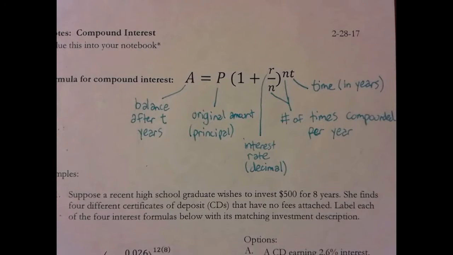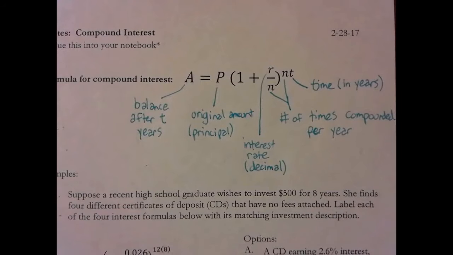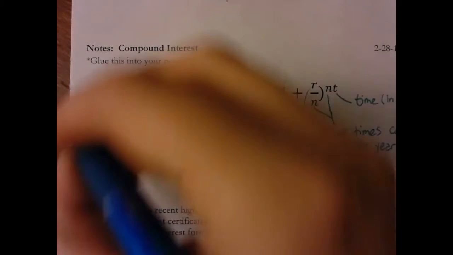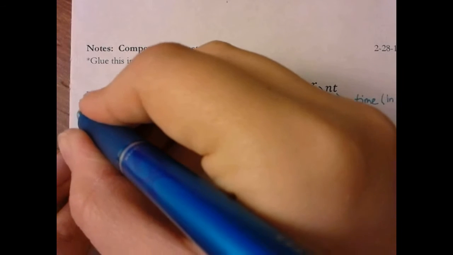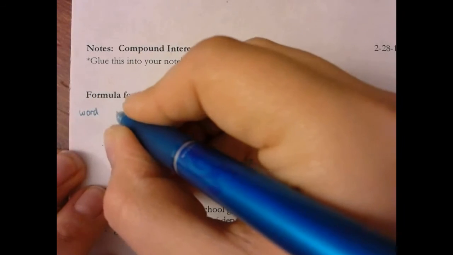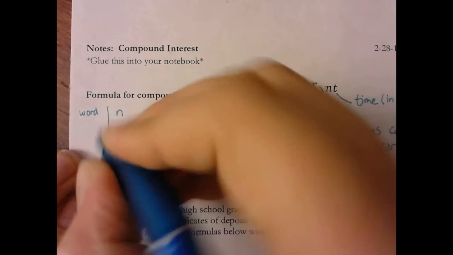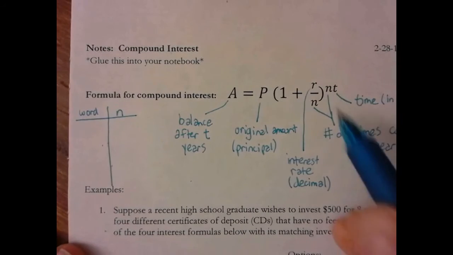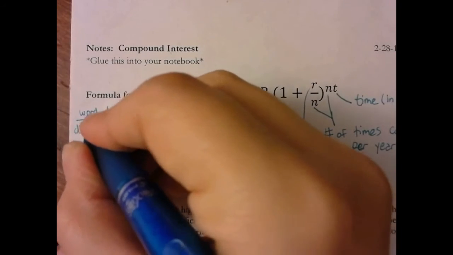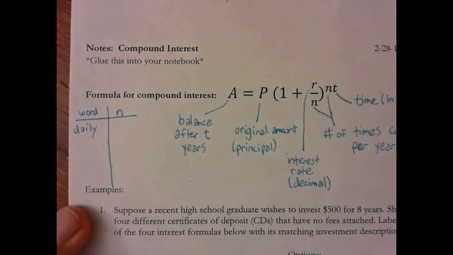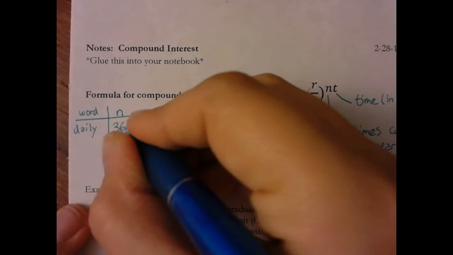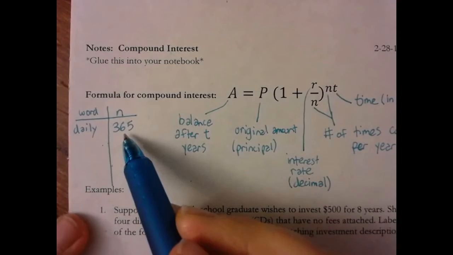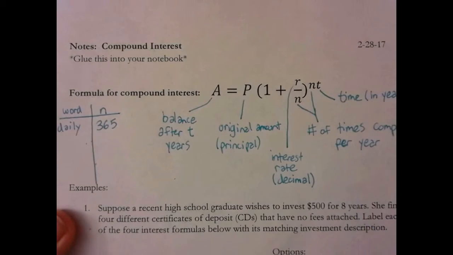So it's really helpful to know what those words mean for N. I'm going to make a little table to the side, with a word and what that would mean for our N. If it says daily, your N is going to be 365 because there are 365 days per year.